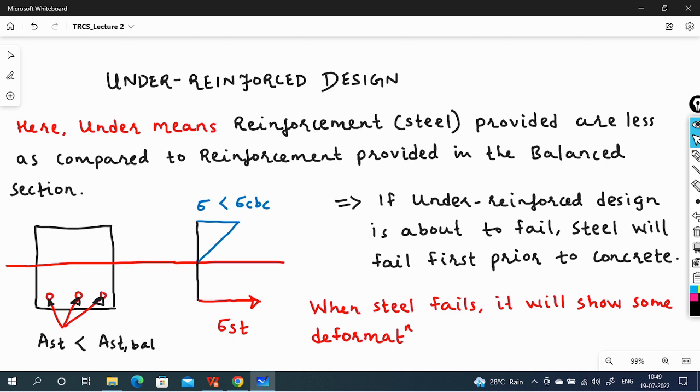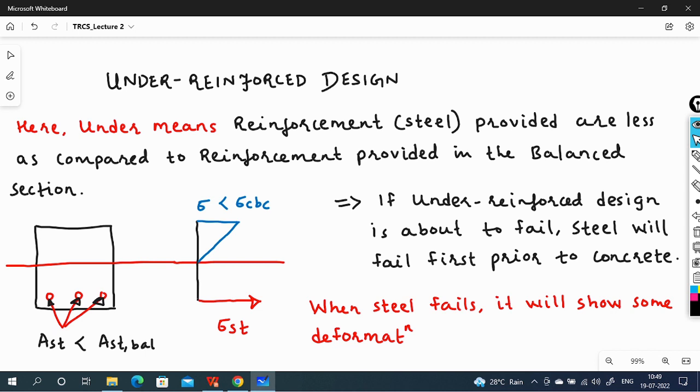And you see, we are told that whenever you are designing a beam, you have to design it as an under reinforced design. You don't have to go for balanced design and over reinforced design. Always ensure that you are designing a beam as under reinforced design. Why are they saying this? Because when you are designing a beam as under reinforced design, if it is about to fail, the failure will be ductile failure.